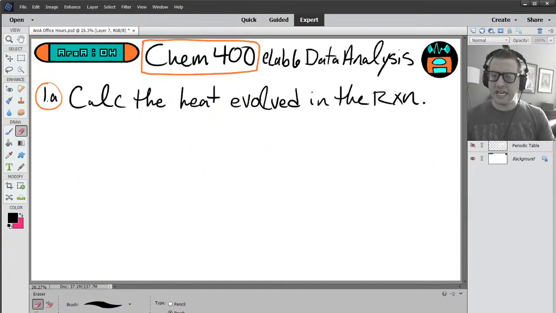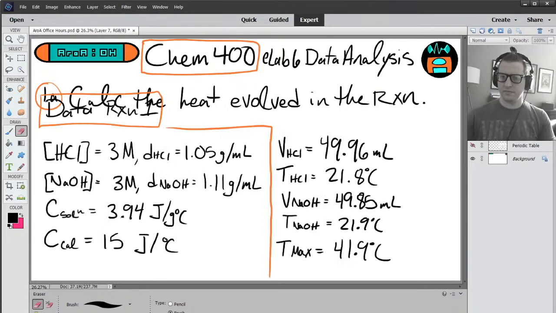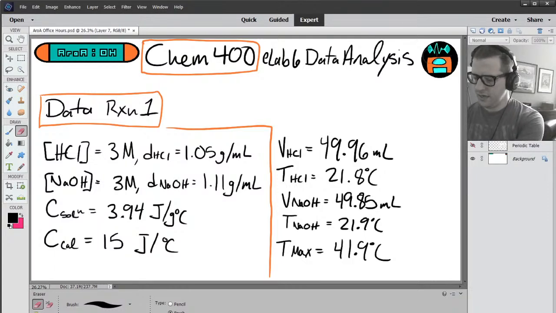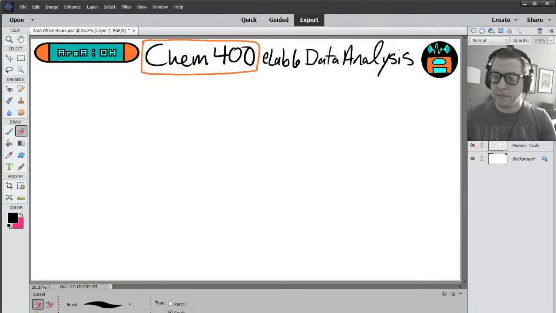So let's take a look at our data. Let me blank that out real quick, just because it's easier for me. Now I have it as a reference, and I won't have to keep popping back onto that screen.